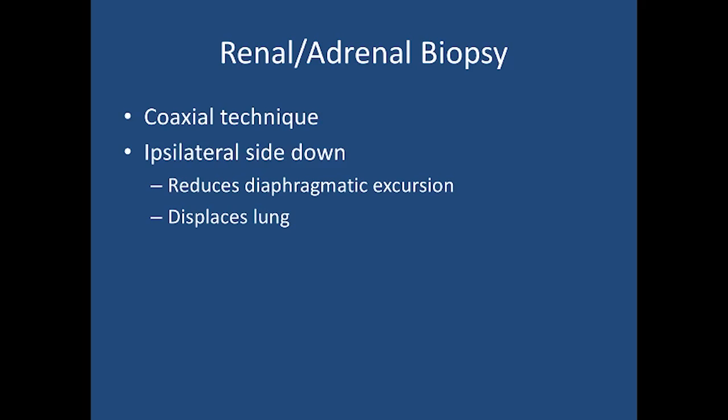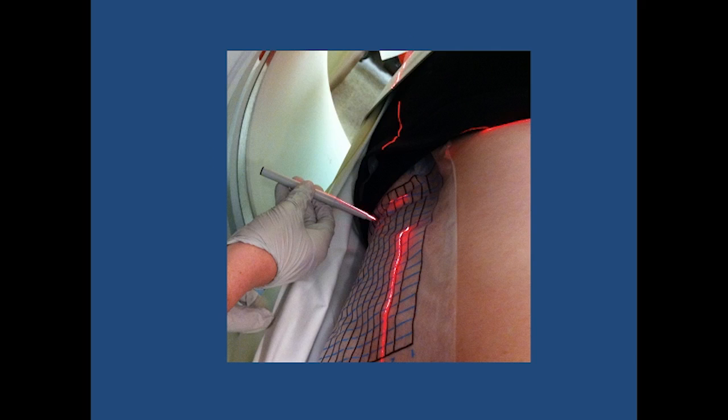What this helps with is it reduces diaphragmatic excursion and displaces lung. In that way, it reduces the chance that your needle path will go through lung, and it also increases the chance that you'll be able to enter the lesion within the kidney without requiring multiple pokes, because the excursion of the diaphragm and the kidney itself is reduced.